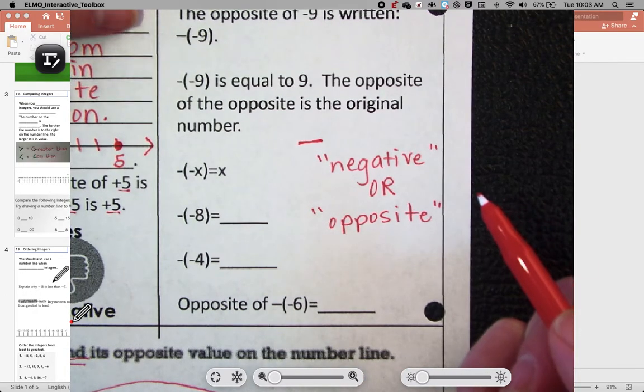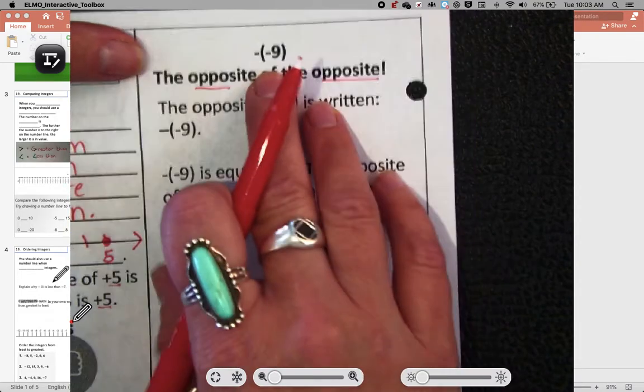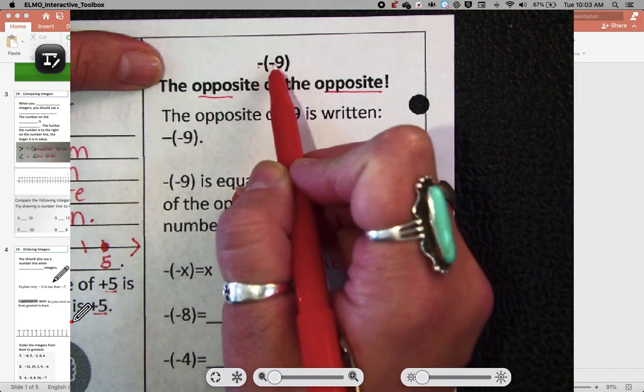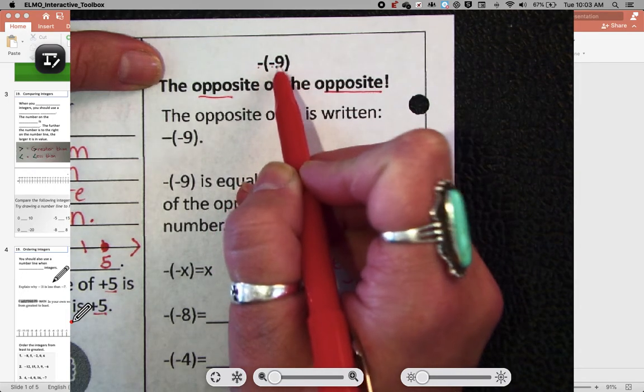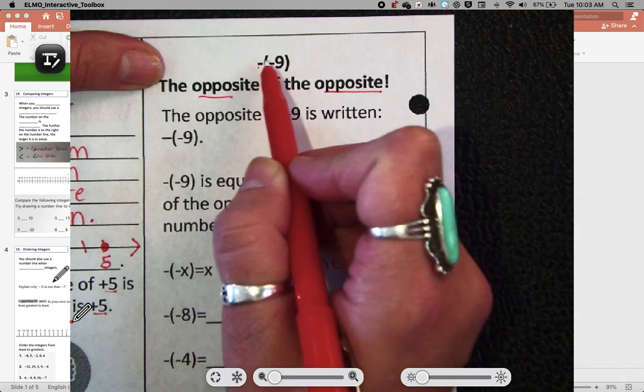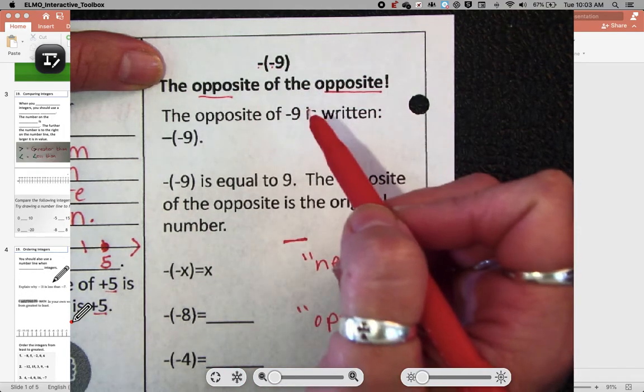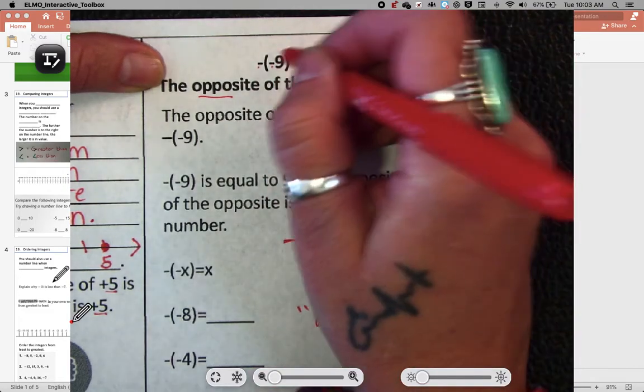Okay? Now this is where it gets tricky. When you see two opposites here, this says the opposite of 9, or you could say it means the negative of -9, but both of those sound a little bit tricky, so let me give you a hint.